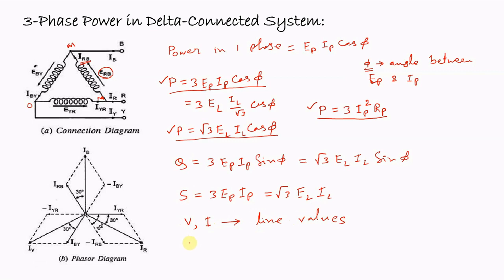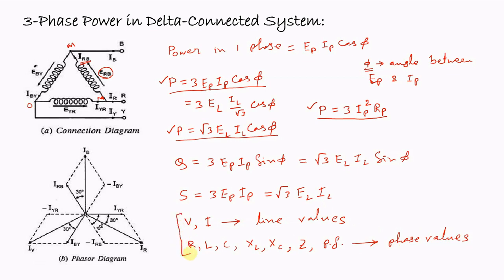Other than that, all other parameters, for example, resistance, inductance, capacitance, inductive reactance, capacitive reactance, impedance, or power factor, all these values should be phase values. So during numerical questions, we must remember this concept.